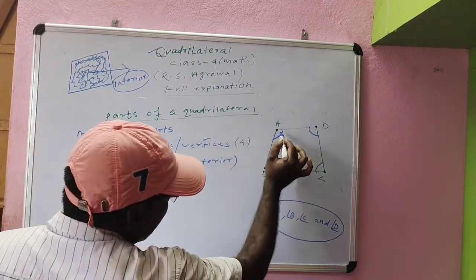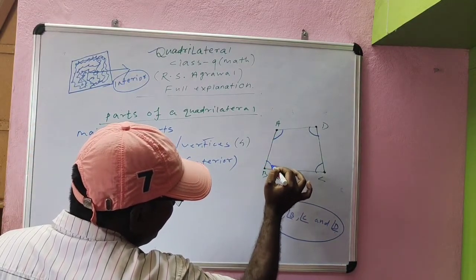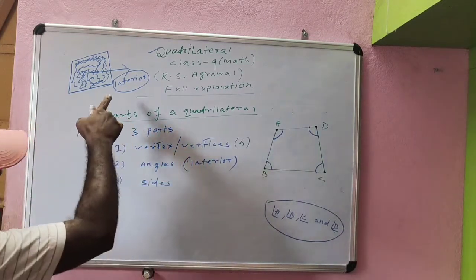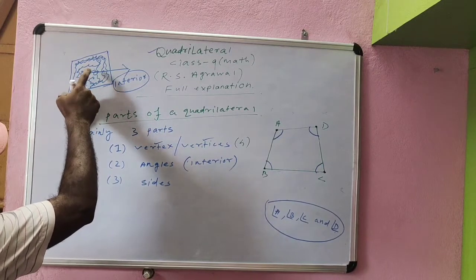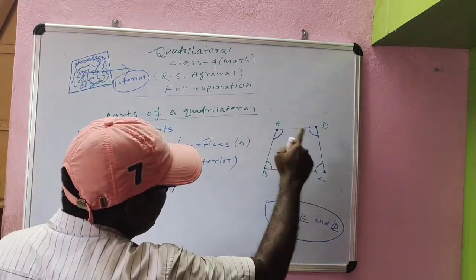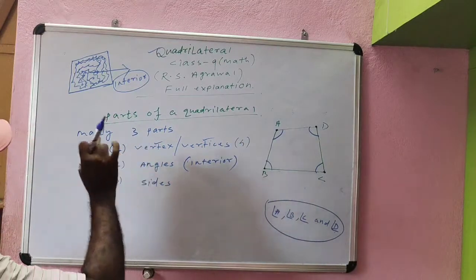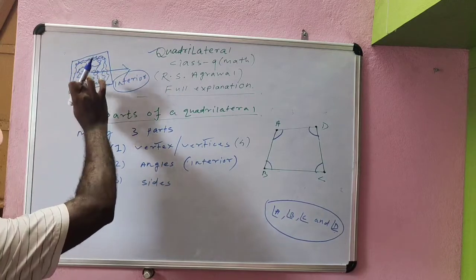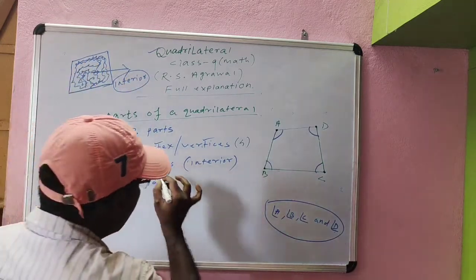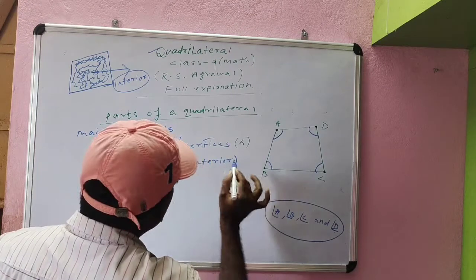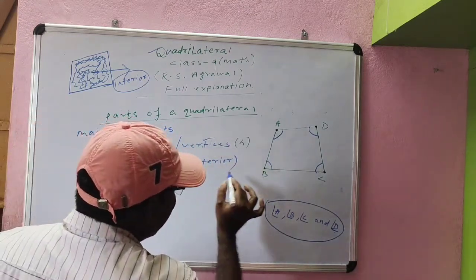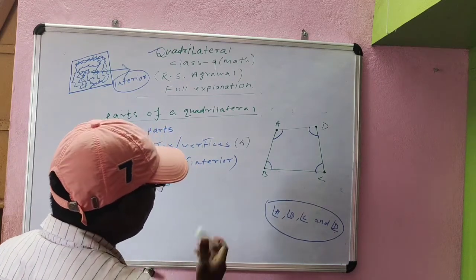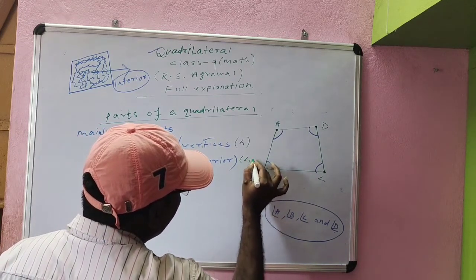Since angle A, angle B, angle C, and angle D are in the interior of the quadrilateral, it means those 4 angles are located in this area. Therefore, these 4 angles are called interior angles. So a quadrilateral has totally 4 angles, and they are called the interior angles of the quadrilateral.